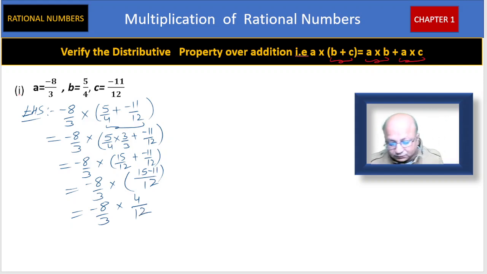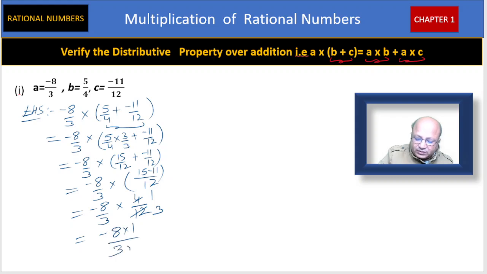So the common factor between 4 and 12 is 4. So it will be further reduced to 1 upon 3. So minus 8 into 1 will be the numerator and 3 into 3 will be the denominator. So minus 8 upon 9 will be the left hand side.